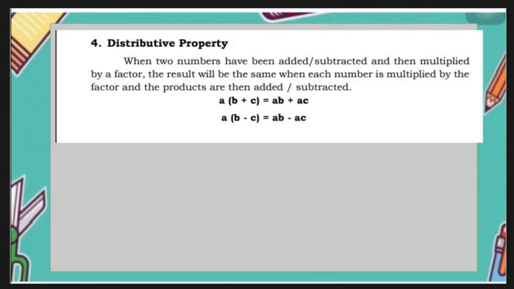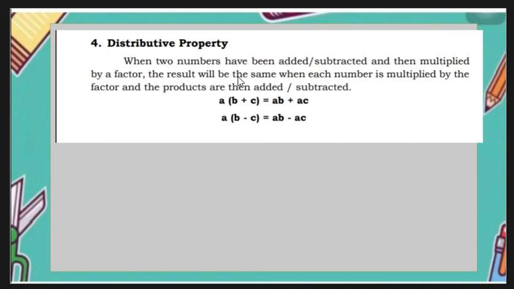Next, we have the fourth one, the distributive property. When we talk about distributive property, when two numbers have been added or subtracted and then multiplied by a factor, the result will be the same when each number is multiplied by the factor and the products are then added or subtracted.